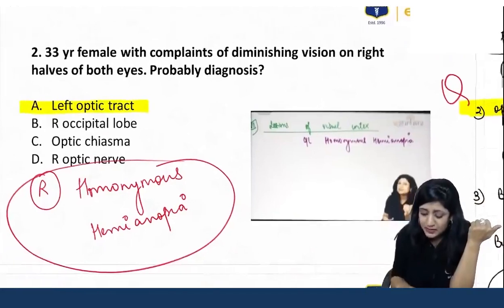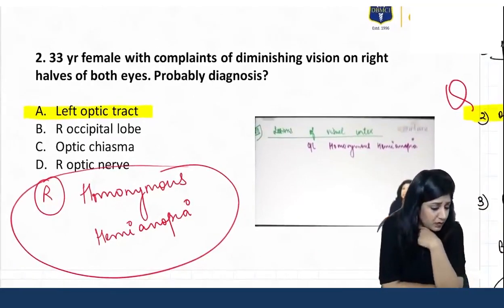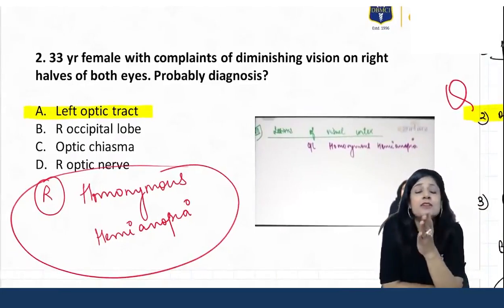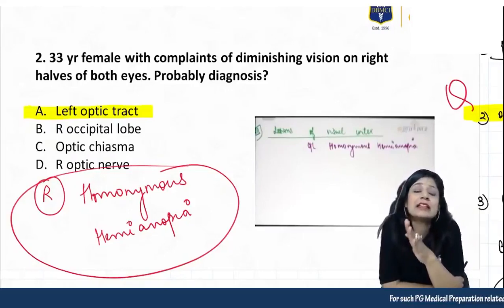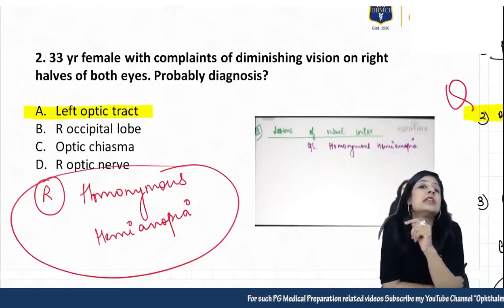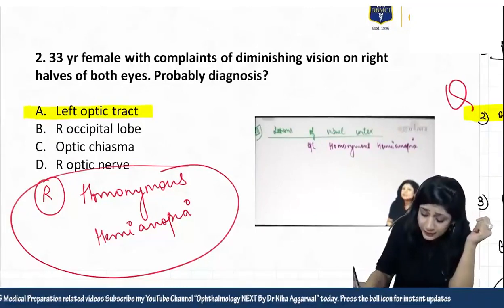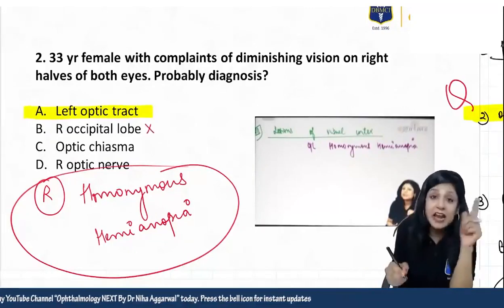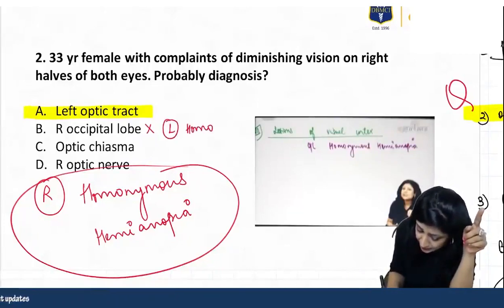So you have to make this clear whether it was bitemporal hemianopia that was asked or whether it was right homonymous, because whatever feedbacks we got, they said it was right homonymous hemianopia. So it will not be the right occipital lobe, because right occipital lobe will cause left homonymous hemianopia.